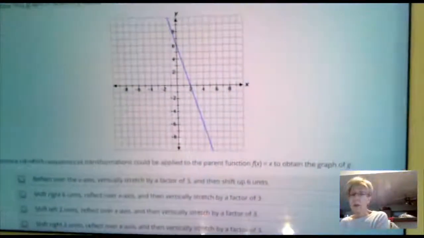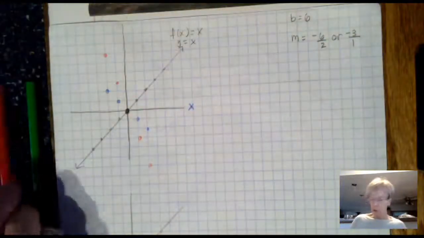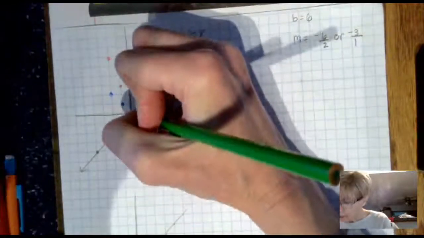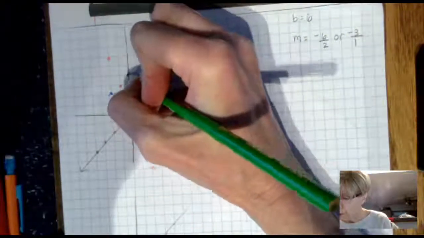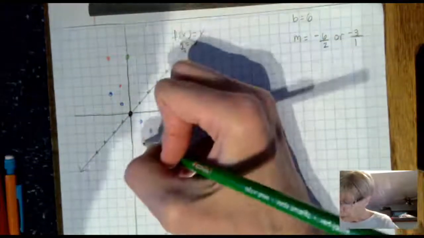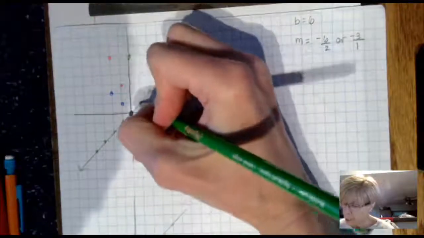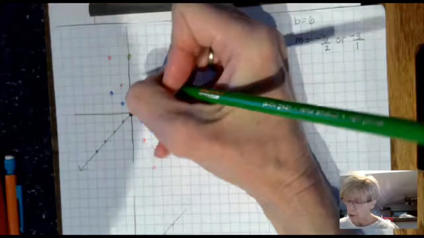And then lastly, we want to shift up 6 units. So I'll switch over to green. That means that the y-intercept point is going to go 1, 2, 3, 4, 5, 6. And I don't have very much space, but if I go to this red point here, 1, 2, 3, 4, 5, 6.